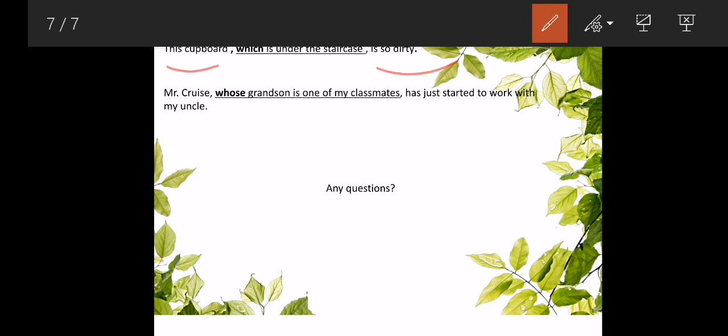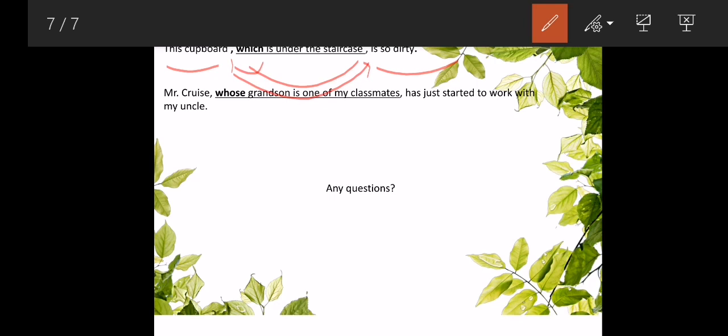I can give this additional information by using a non-defining relative clause. Okay? "This cupboard, which is under the staircase, is so dirty." In this clause, "which" is our relative pronoun, "which is under the staircase." This part between commas is our non-defining relative clause.